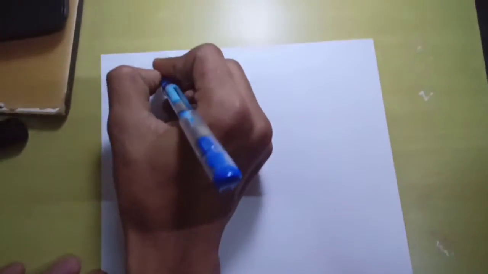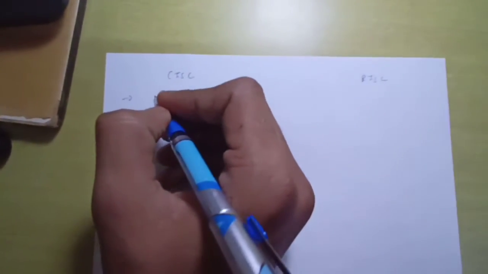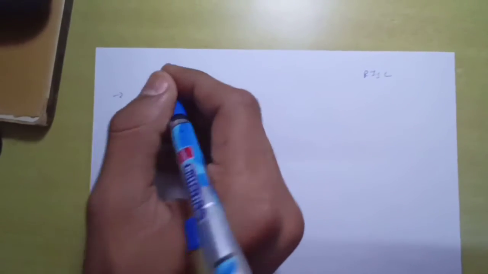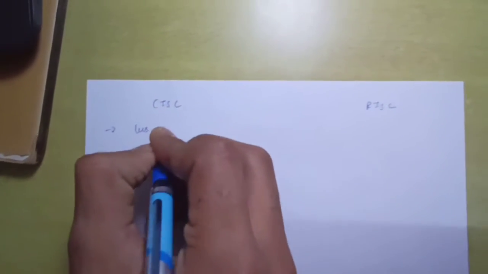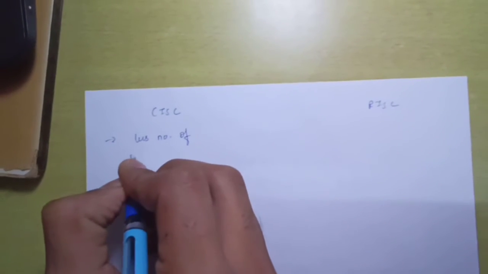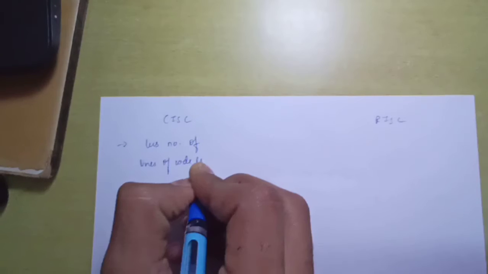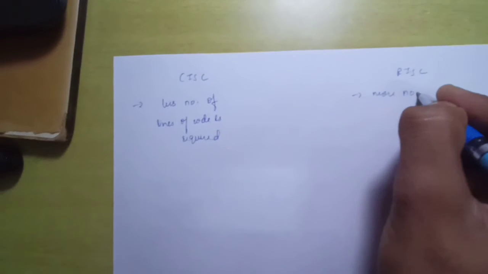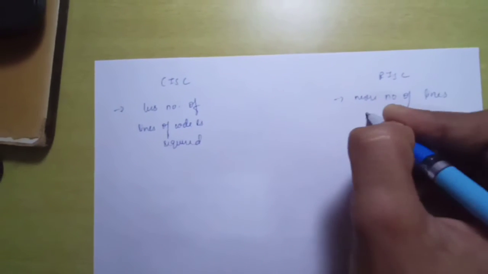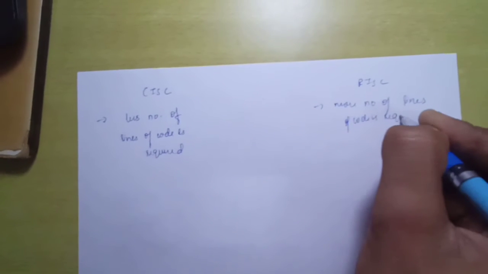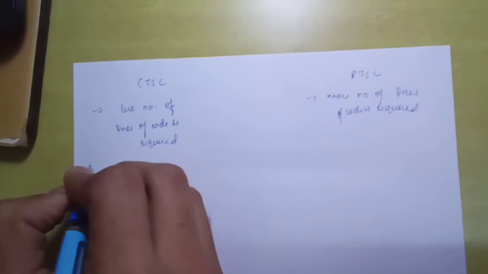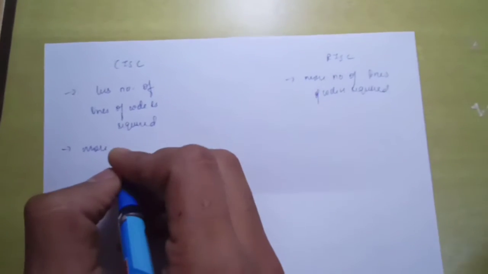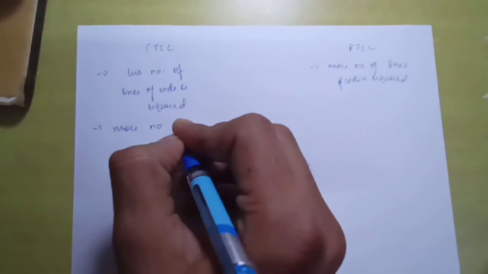So if we consider the difference between CISC and RISC, as I said, in CISC we require less number of lines of code. In RISC, more number of lines of code is required. In CISC, more number of clock cycles is required for each instruction, since the instruction would be complex.